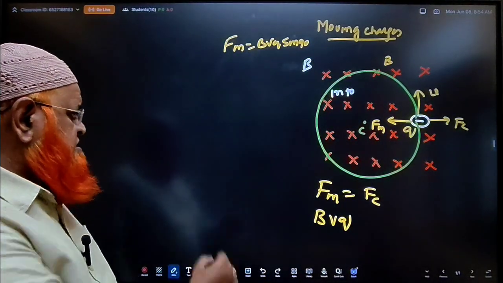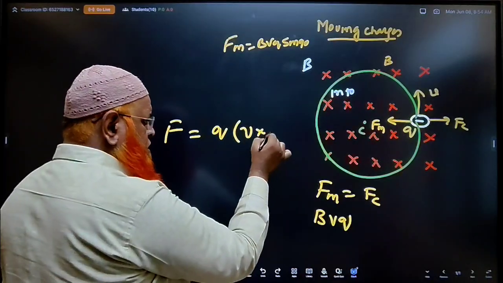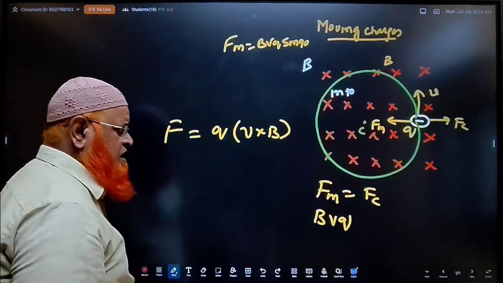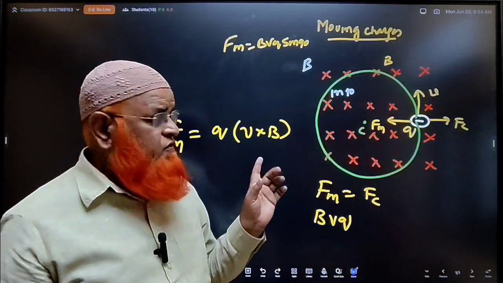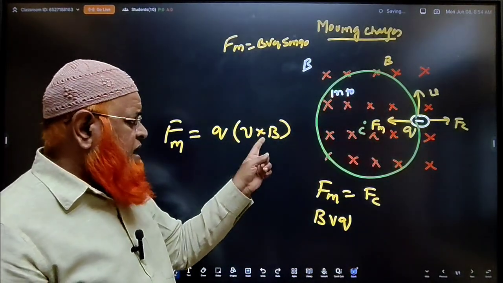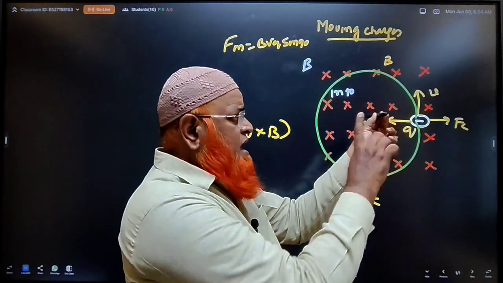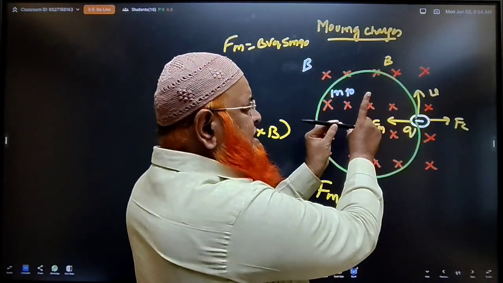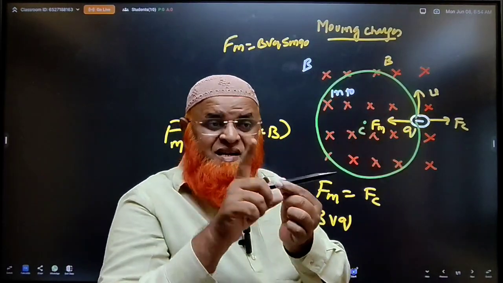Let me discuss here now. The force is Q times V cross B. This is actually the formula for the magnetic force. Velocity and magnetic field form a cross product, V and B. B is into the board, and V is like this, so the angle between these two is 90 degrees.